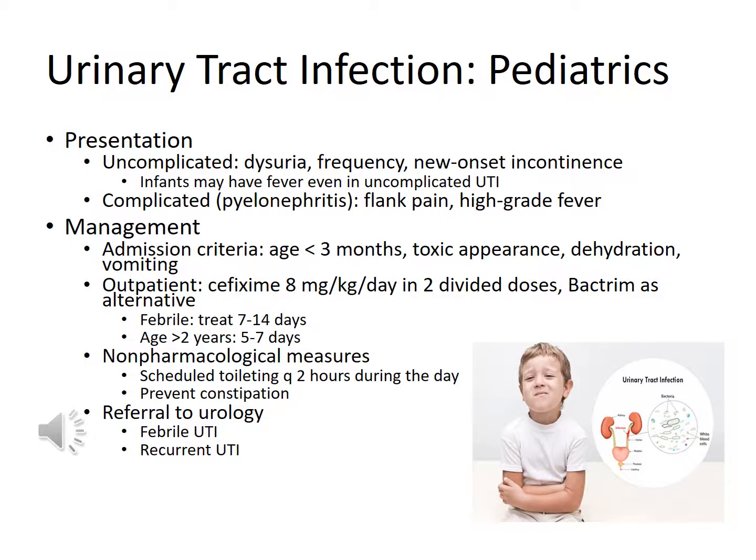So we really need to make sure that we're getting these kids into seeing a ped urologist specialist if these things are ongoing, so they can get that workup done.